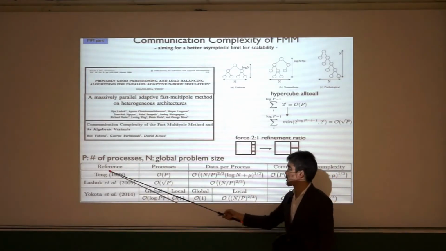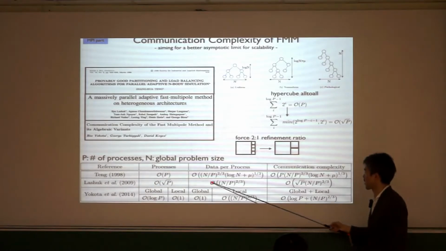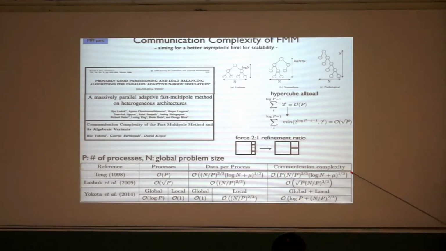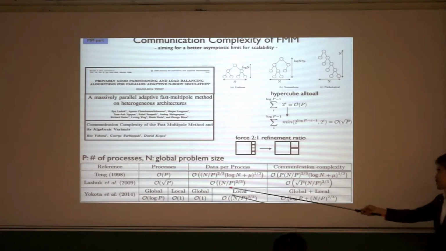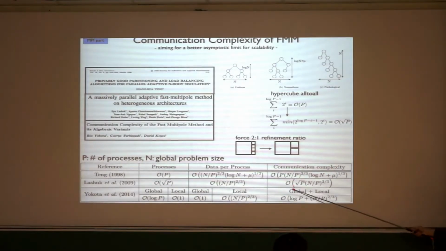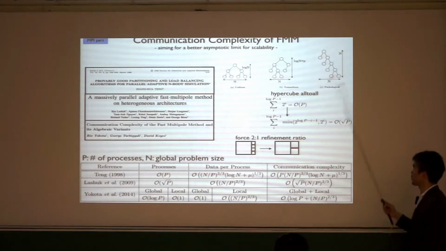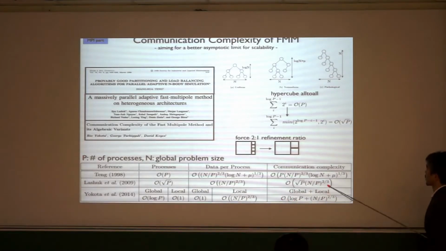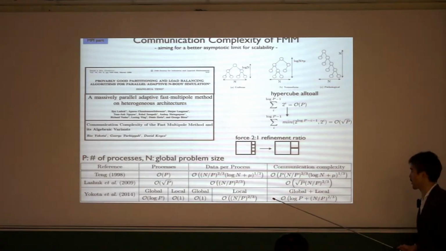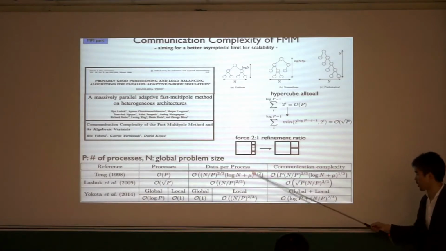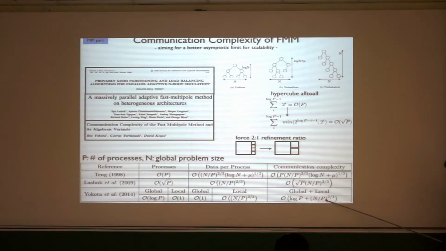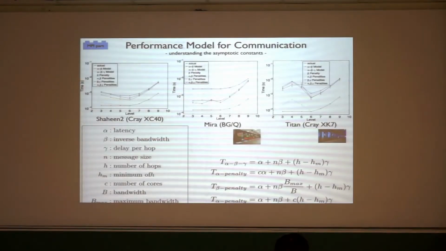In 1998, the total communication complexity was thought to be this much, and in 2009 it improved to this much. But now we have log p plus n over p to the 2/3. I mentioned in my previous slide how you get this number. These are the different estimates for the amount of communication you have to do for the MPI code.